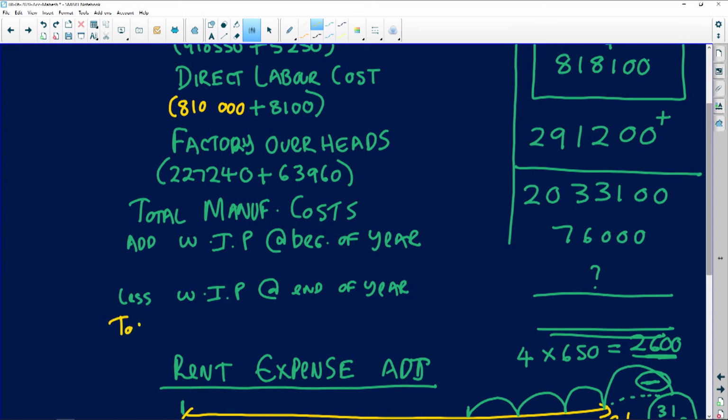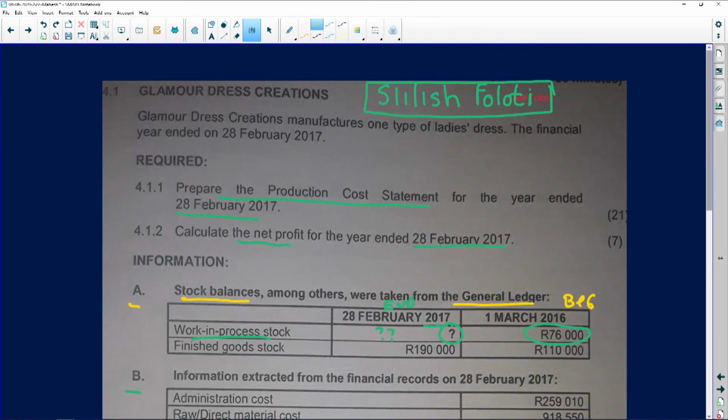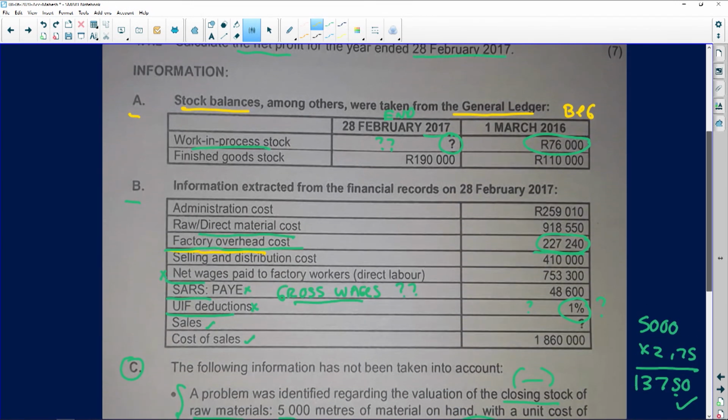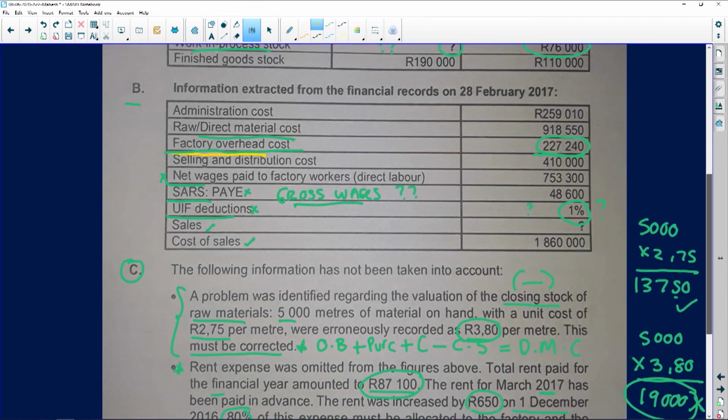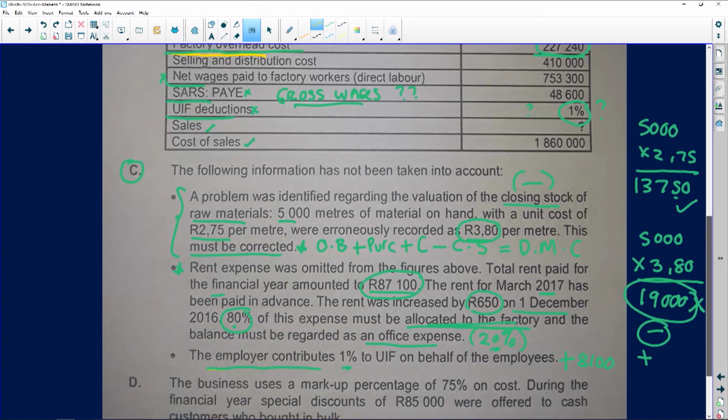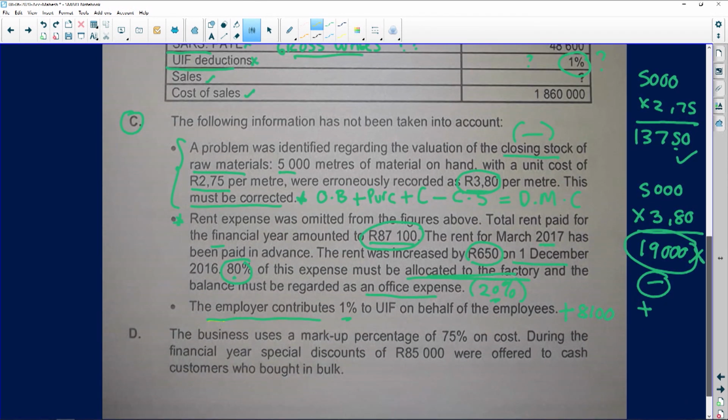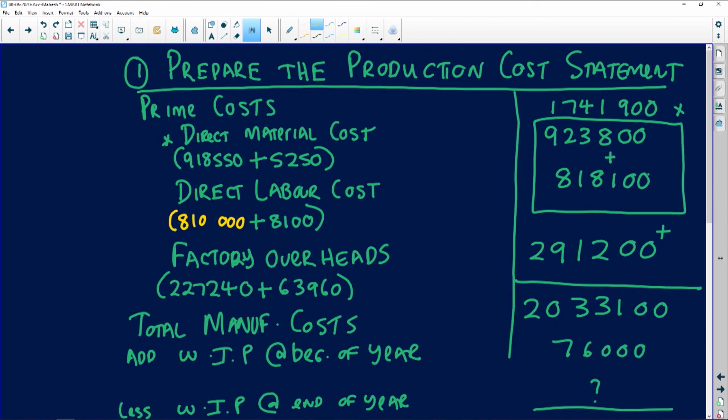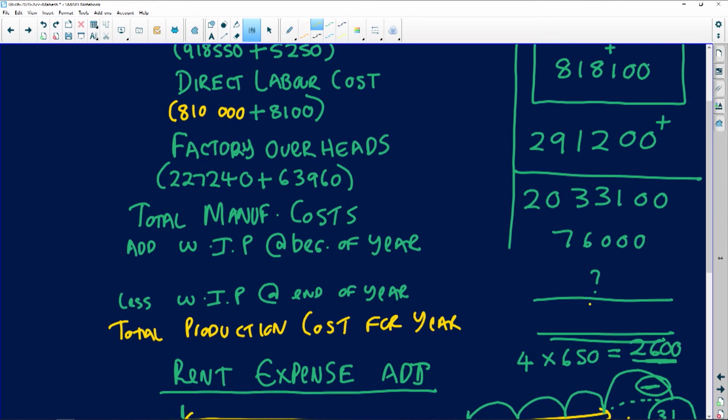So my total production cost for the year, right? I want to go back to the information and show you guys. So if I scroll through the information, you can quickly look through it. You can clearly see that total production cost is not given to me, right? Which means I've got two unknowns.